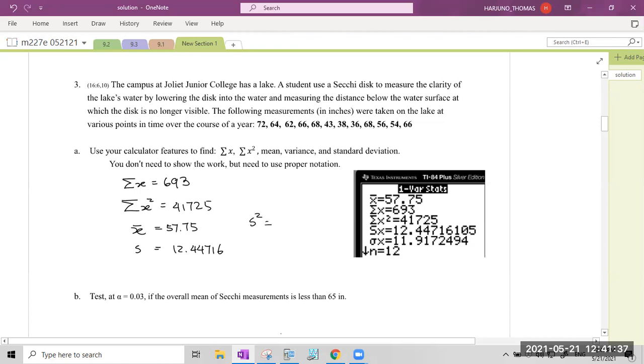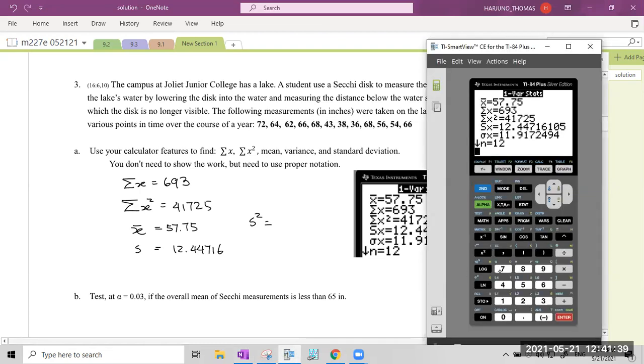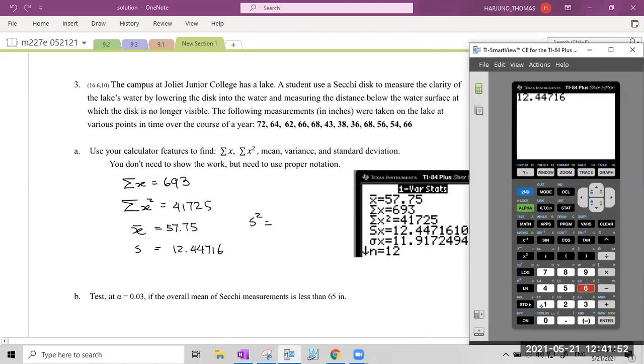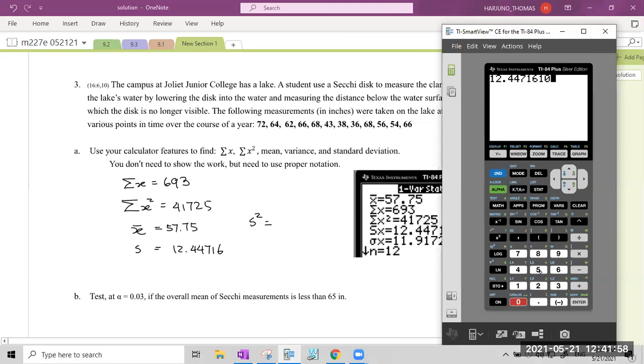You square that number. Okay, so I will get 12.44716. Let's get more decimals, 12.44716105, and then square it. 154.93182.